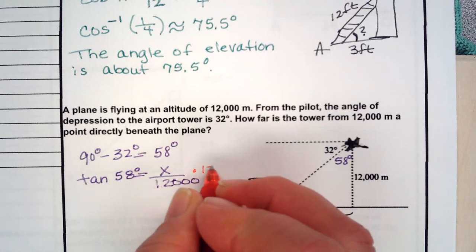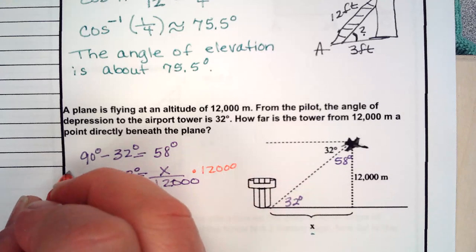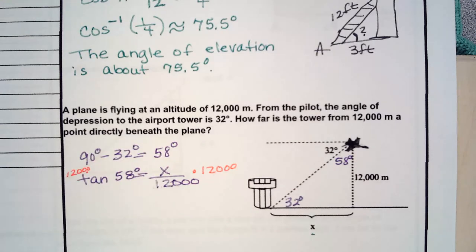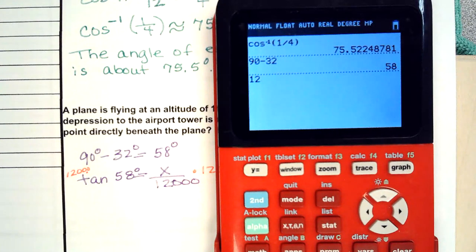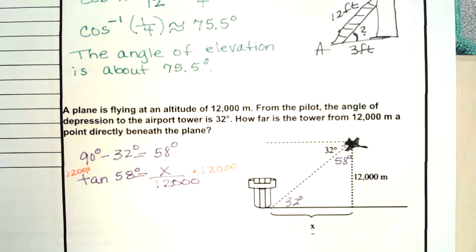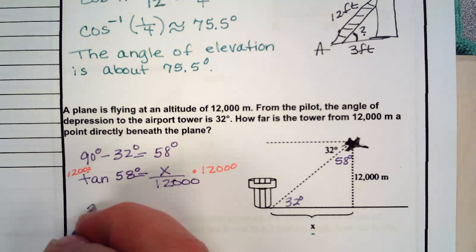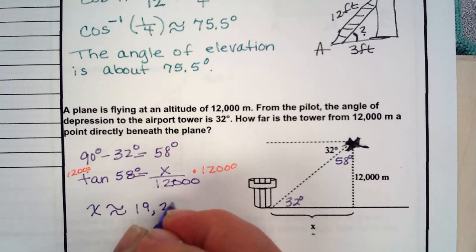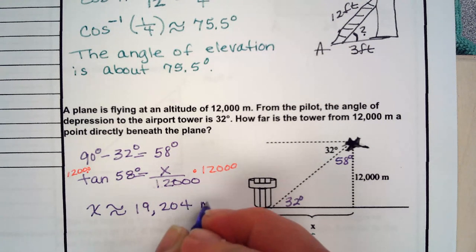The opposite is to multiply by 12,000. 12,000 times the tangent of 58 degrees, close it off, equals 19,204. X is approximately 19,204 meters.